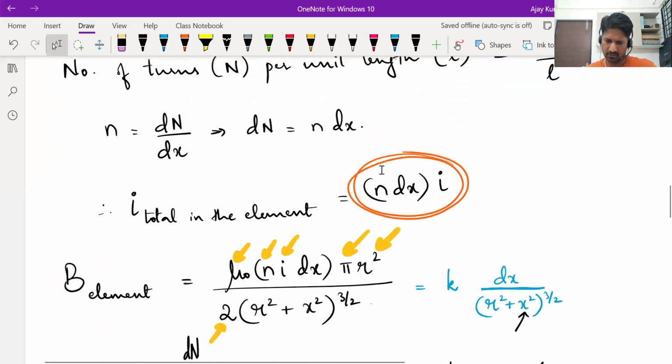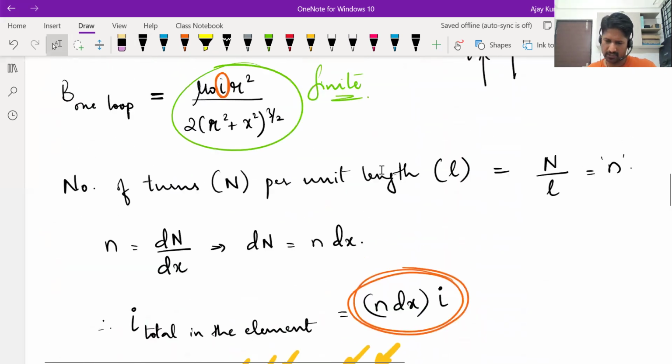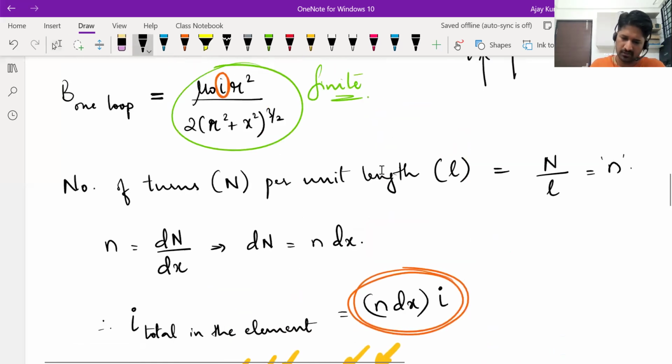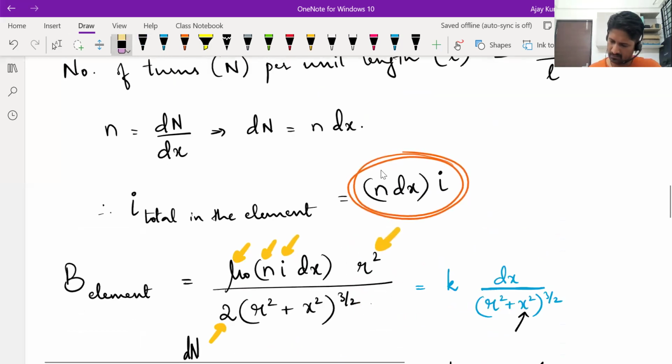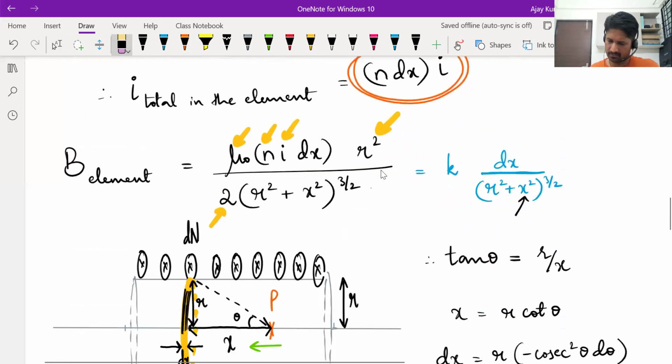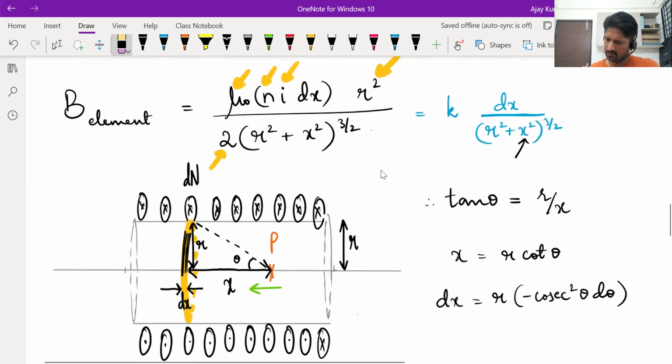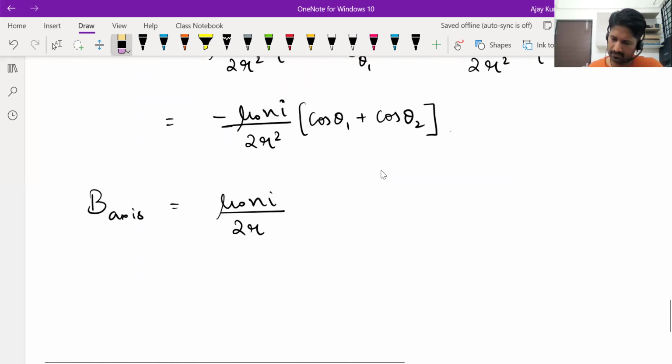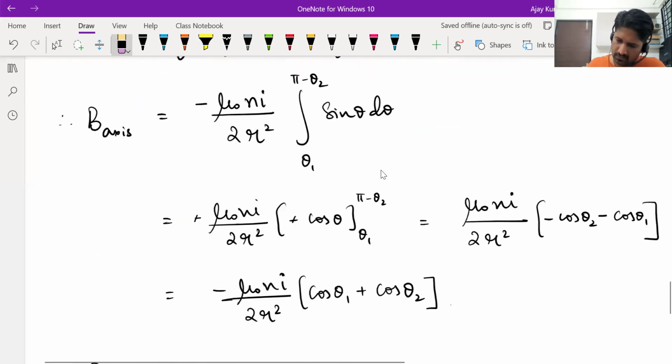In place of I, we wrote n dx multiplied with I. Where did pi come from in the numerator? Like here in the formula for magnetic field on the axis, there's no pi in the numerator. I wrote it by mistake. So only r square. Now that r square should be included here. It gets cancelled. Now it is dimensionally fine.